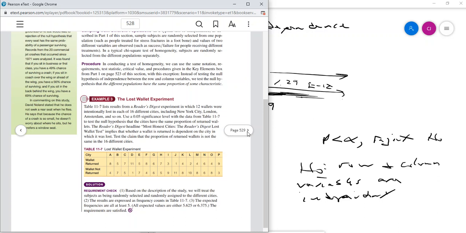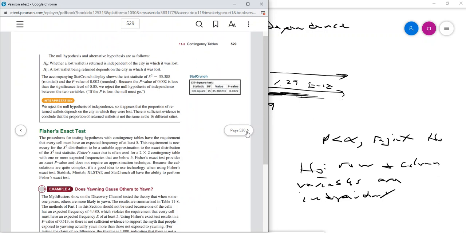And that's really about it for the exact test. We had an assumption with chi-square that our expected values, if they got too small, kind of messed the test up. And we were a little concerned, and it said that every cell must have an expected frequency of at least 5, and this requirement is necessary for it to be a suitable approximation to chi-square.